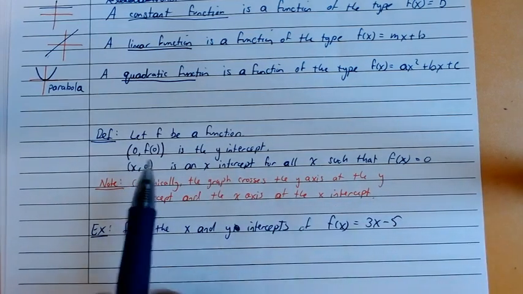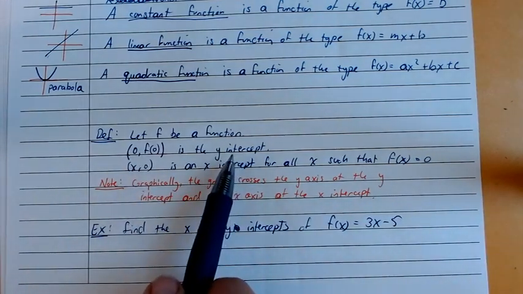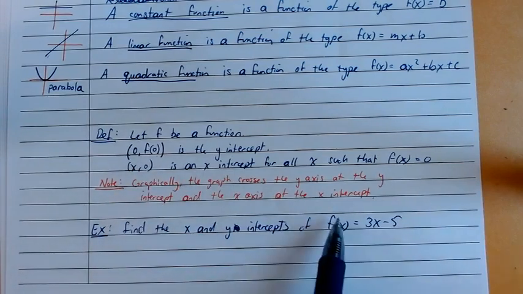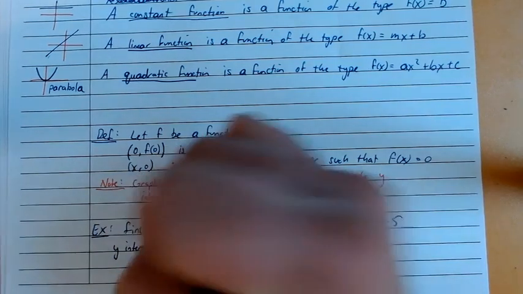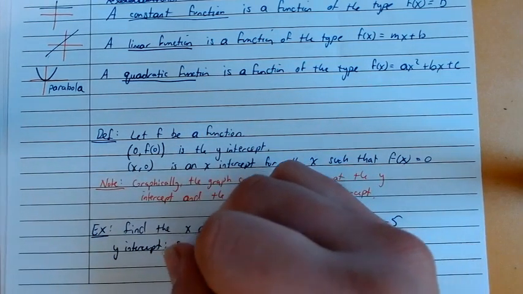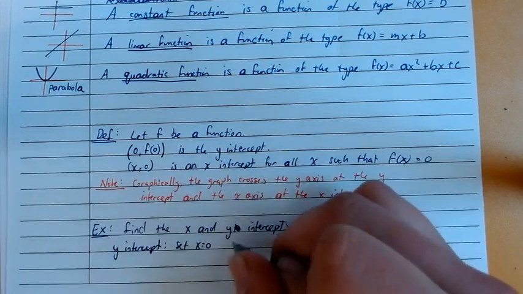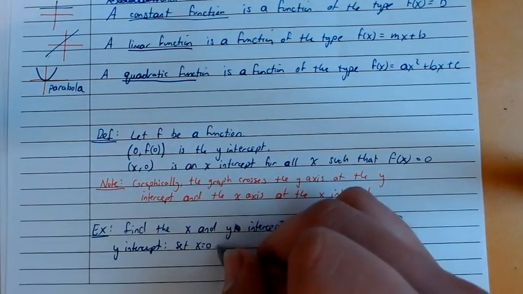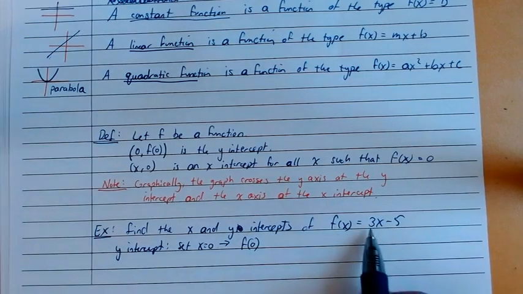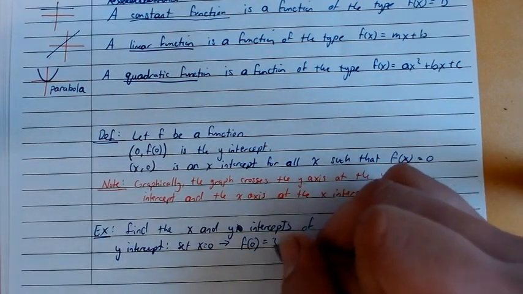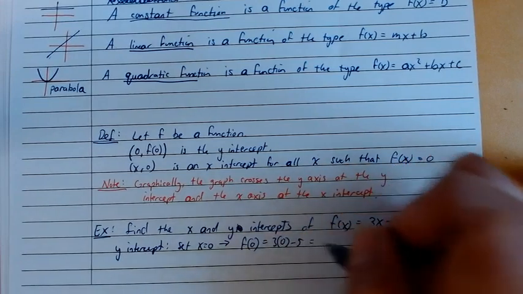Okay, so now the y-intercept is usually the simple one because all you do is you plug in 0 for x and then do the computation. So here for the y-intercept, you're going to start by saying we're going to set x equal to 0. That's going to mean we're going to find f of 0, which is 3 times 0 minus 5, which is just negative 5.